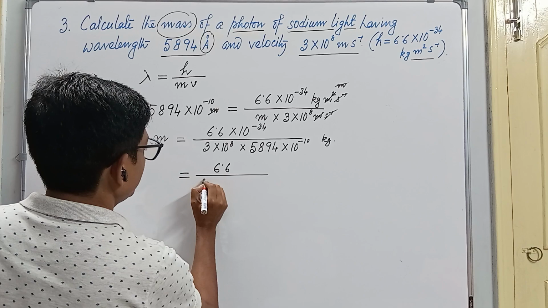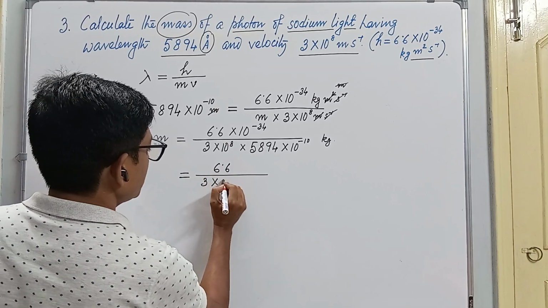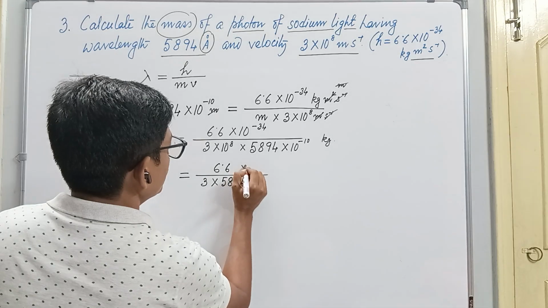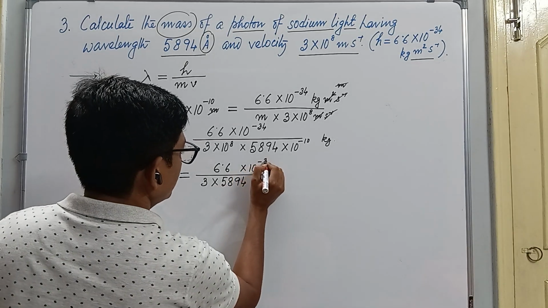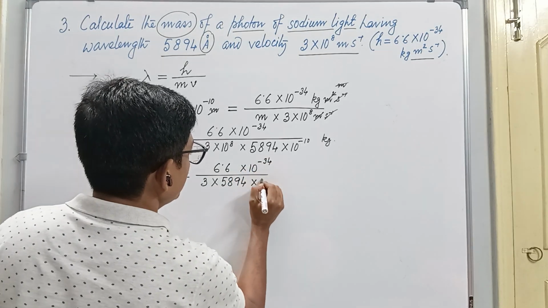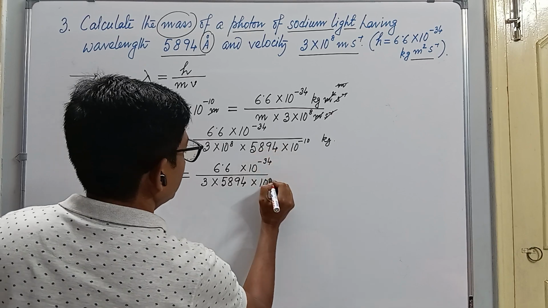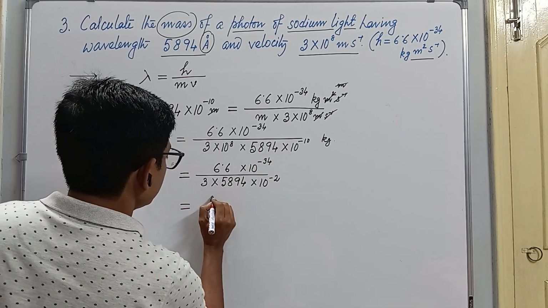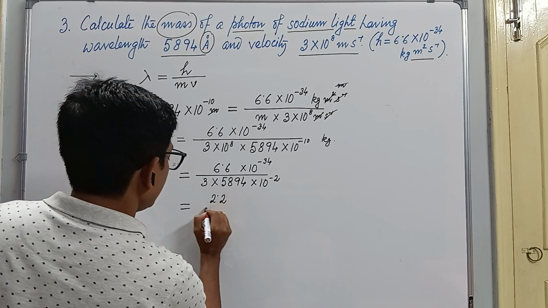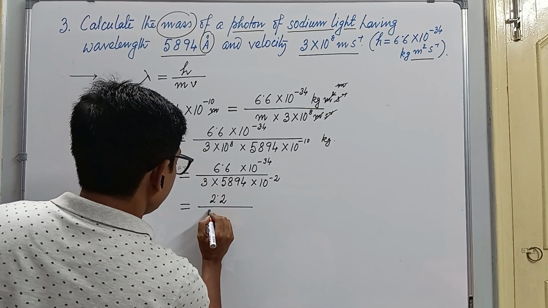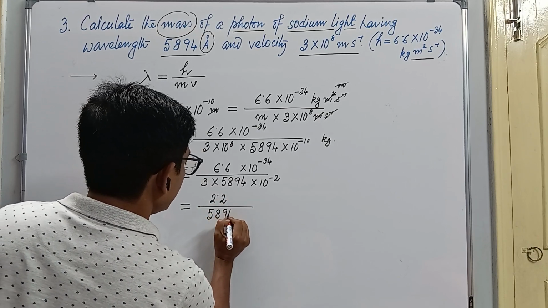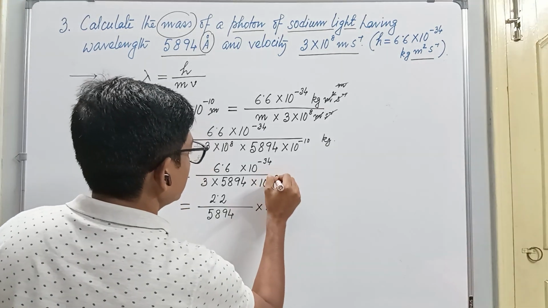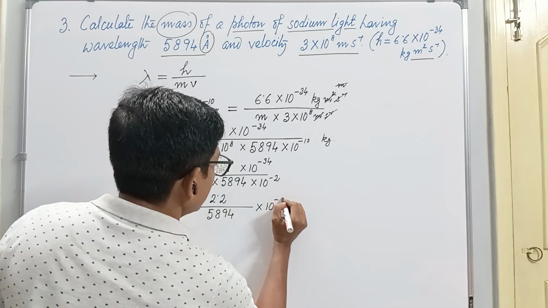6.6 divided by 3, you can divide it if you want, it will be a little bit easier, into 10 to the power minus 34. Here it will be into 10 to the power how much? Minus 2. So altogether I can write 2.2 divided by 5894 into 10 to the power minus 34. Okay, that means 32.